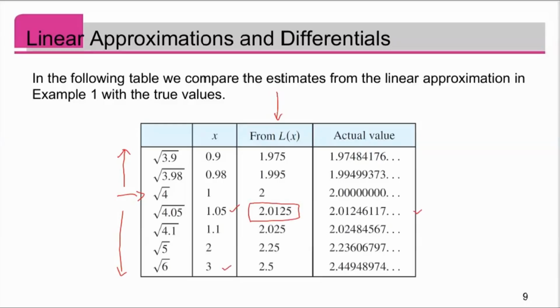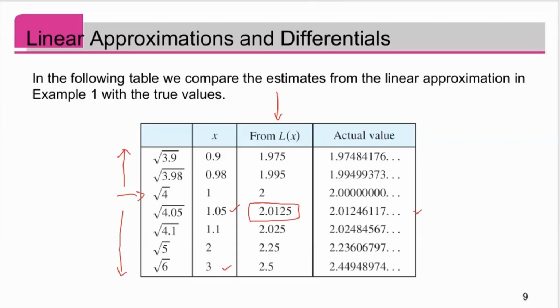So you can see the actual value when x is equal to 1.05 and you plug into the original formula, you'll get that the value is 2.0124617 and so on. And from the linear approximation, we get that the value is 2.0125. So you can see the error or the gap between the actual value and the linear approximation is pretty close.